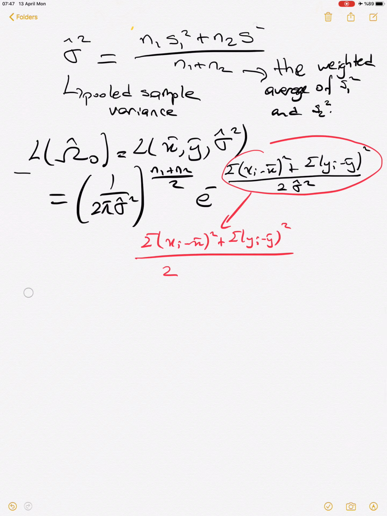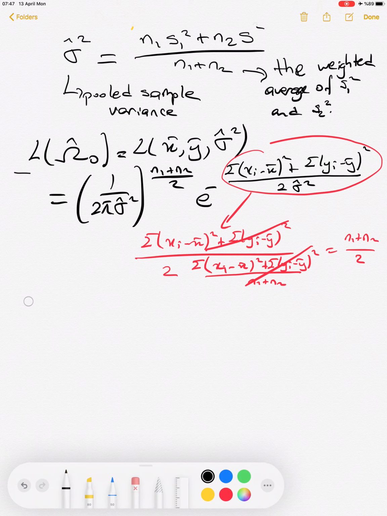So let's open up the MLE: the summation of (xi minus x bar) square plus the summation of (yi minus y bar) square, divided by n1 plus n2. Again, these two cancel out and we have (n1 plus n2) over 2. Sorry about that.